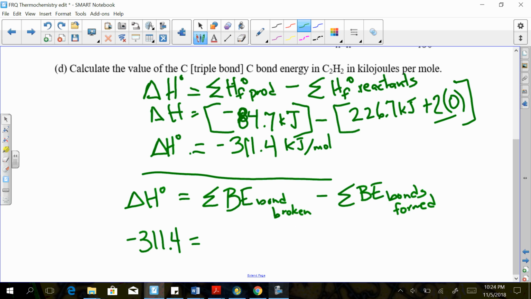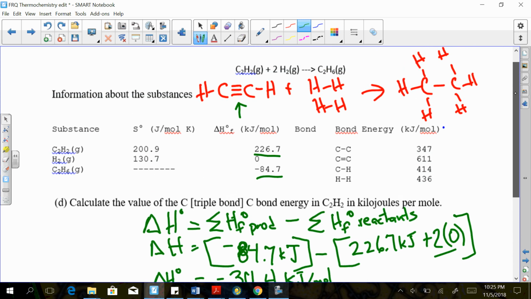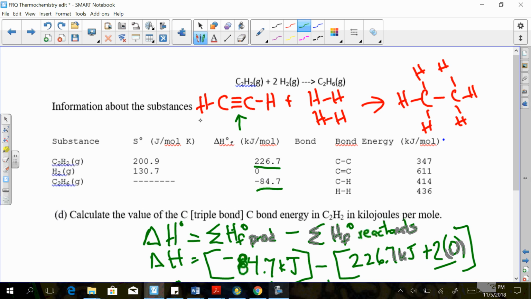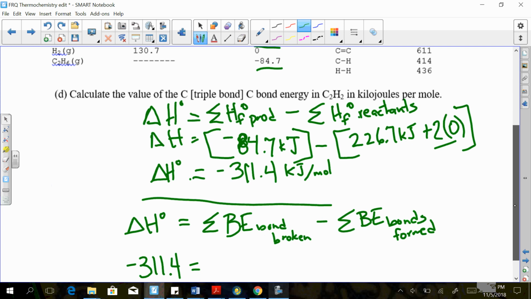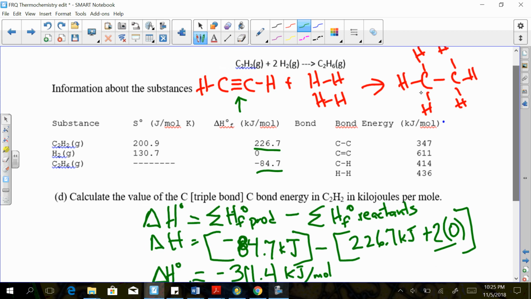Now I need the bond energies of my bonds broken. So let's go back up and look and see. In my reactants, what are the bonds that are broken? I'm breaking 2 carbon-hydrogen bonds, 2 times the bond energy of the carbon-hydrogen bond, plus, put that in brackets, plus, I'm also breaking a carbon-carbon triple bond.